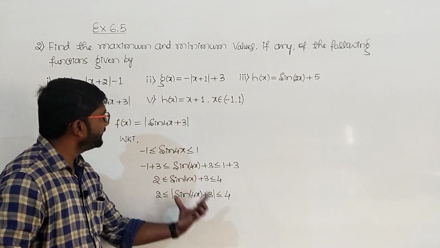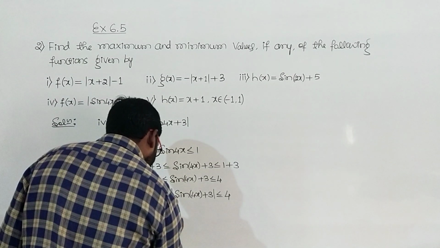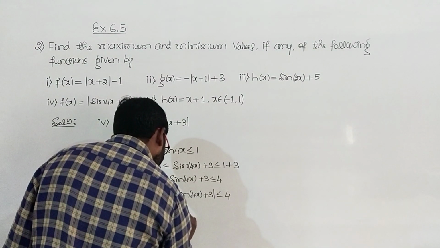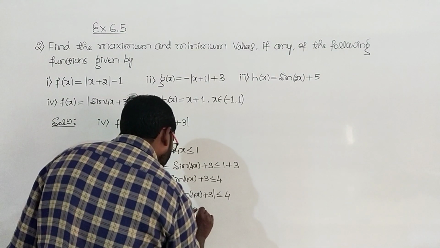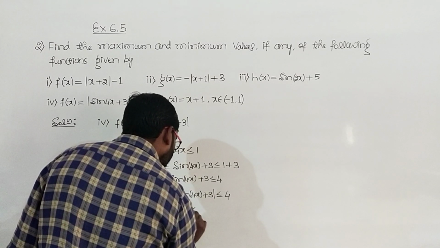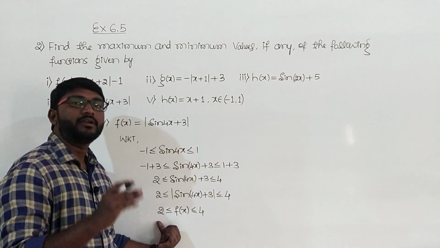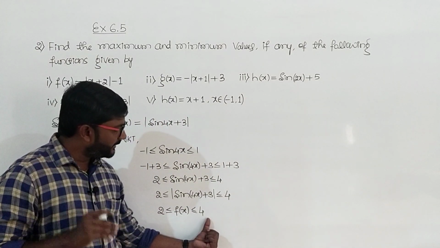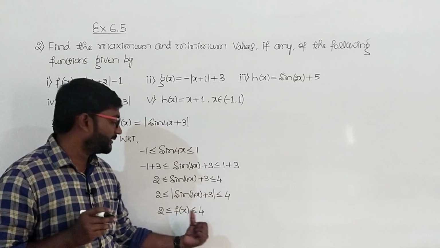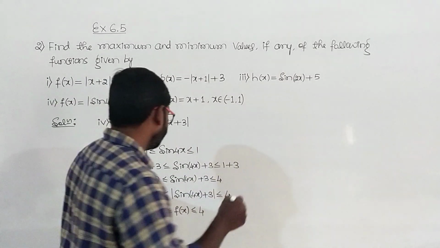This is nothing but f of x. So 2 is less than or equal to f of x, which is less than or equal to 4. So here f of x can have 2 or greater than 2, and it can have 4 or less than 4. That means the maximum value is 4 and the minimum value is 2.